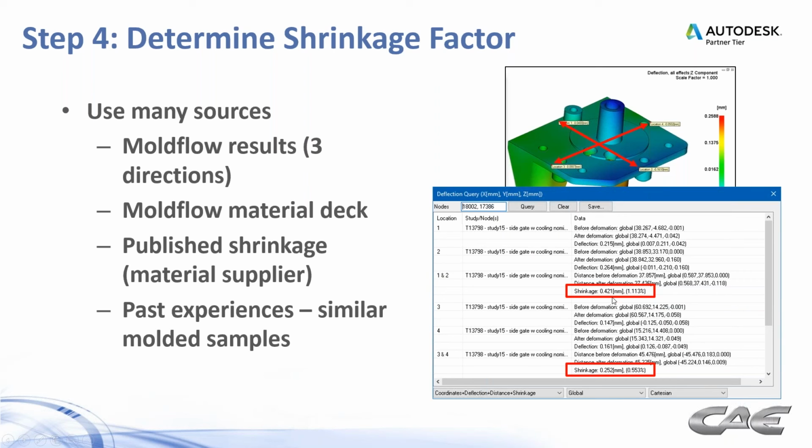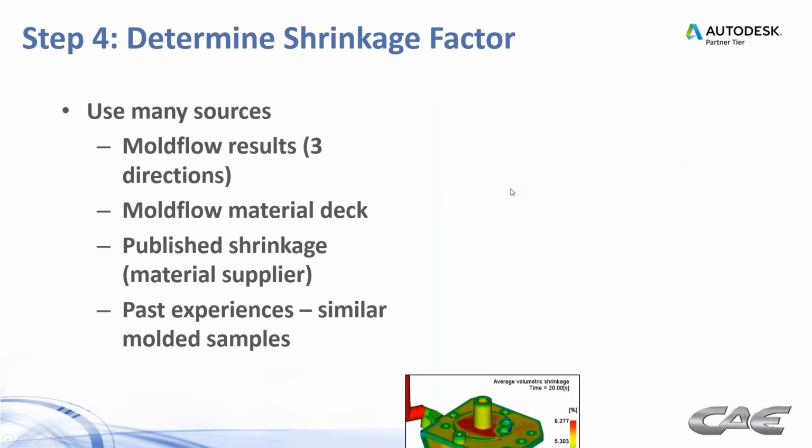Here's a look at what Moldflow might predict if we pick a couple of points across the part, or I like to pick point pairs very close to each other across the part and get some idea of which areas are shrinking more, which areas are shrinking less. Of course, we want to try to minimize shrinkage variation as much as we can through gating and processing, but parts shrink at different rates, right?